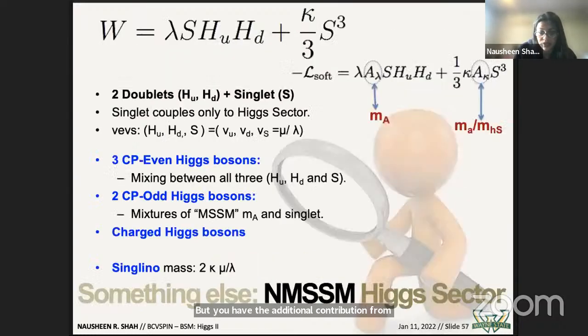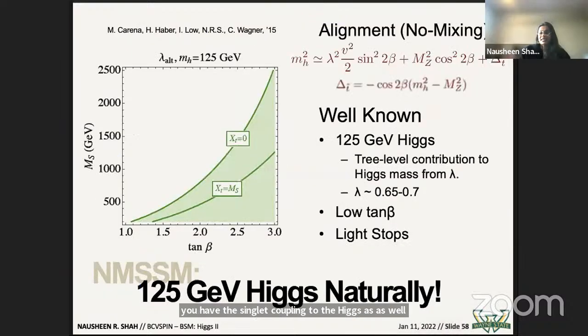This was the superpotential for the Higgses, so you have the singlet coupling to the Higgses as well as the self-interaction. When you compute what the Higgs mass is, you get this MZ contribution as well as this lambda contribution from the singlet. So it can definitely help. It depends on the story.